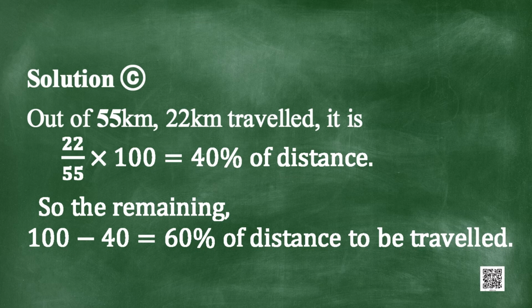So therefore, it is 22 by 55 multiplied with 100, which is equal to 40% of distance. Therefore, the remaining distance to be covered is 100 minus 40, which is equal to 60%. Therefore, 60% of the distance is left to be travelled.